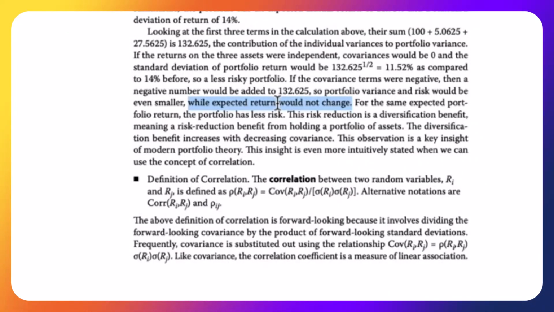You can do that. You can use options and forwards to completely remove the risk of an asset class. You'll get 0 return. When you get to derivatives, you'll see how that's done, where you can actually remove an asset class from the portfolio without actually selling it by using derivatives, but you give up all the return. I want to be clear on that.